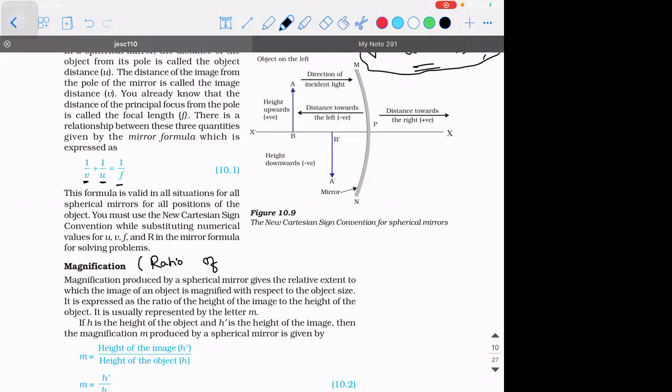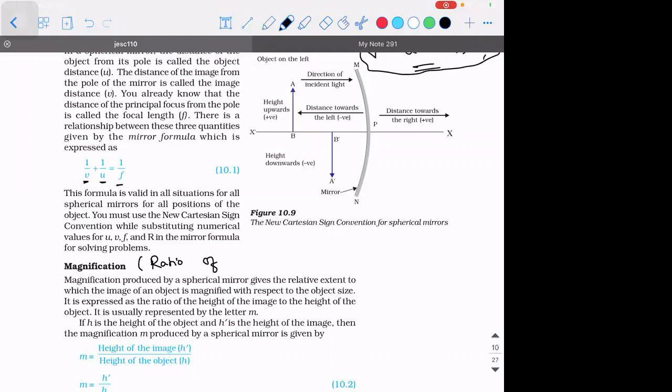So what is the main objective of a mirror? The objective of a mirror is to show the reflected image of a particular object, right? The reflected image might be bigger compared to the object, smaller than the object, or equal to the size of the object. So the property of the mirror, whether it can magnify the object or diminish the object, is what is called magnification.